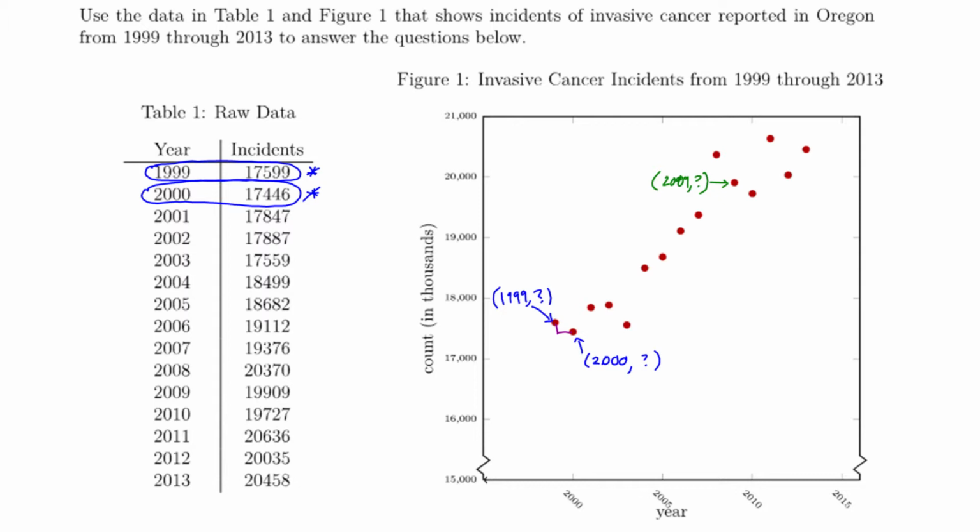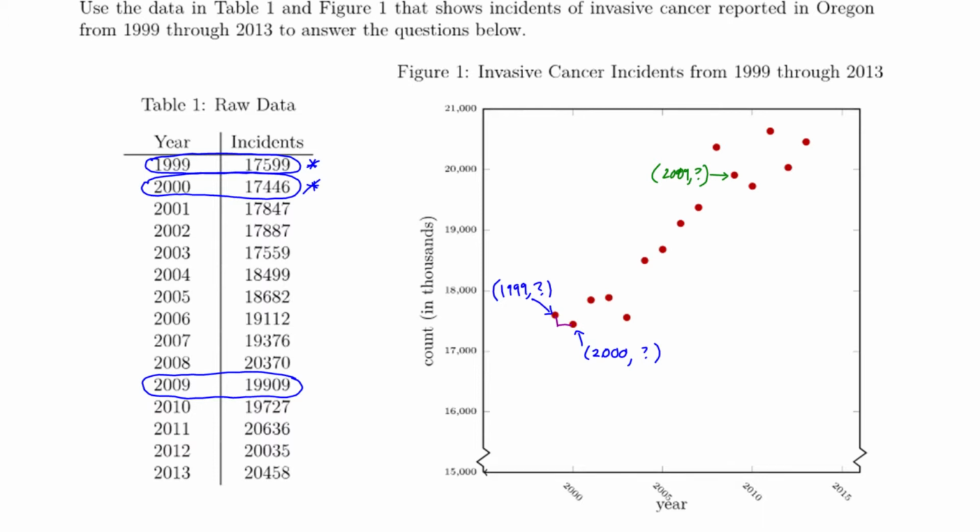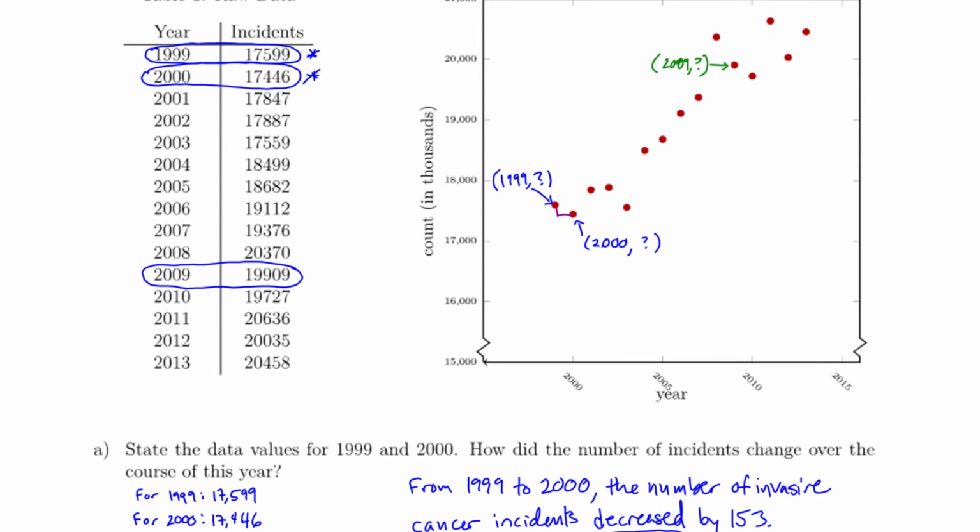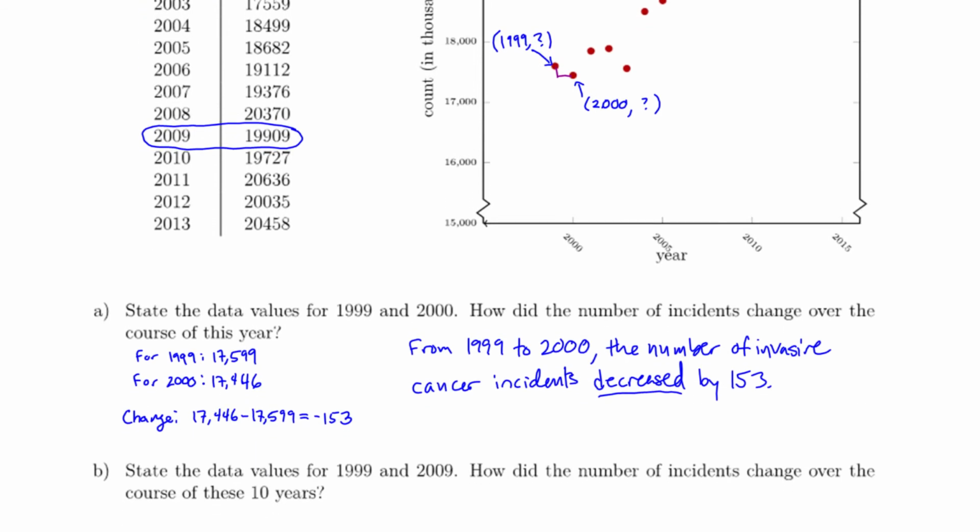All right, so coming down now, let's take the numbers out of our table. So 2009, that's 19,909, which matches what I read off of that figure. And I'll use that in my calculation then. So first I'll state those data values.